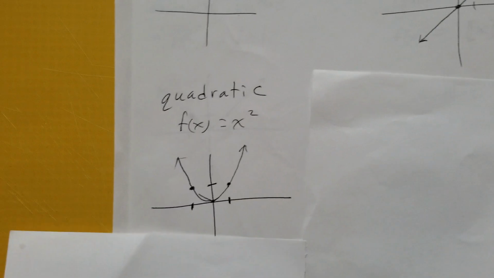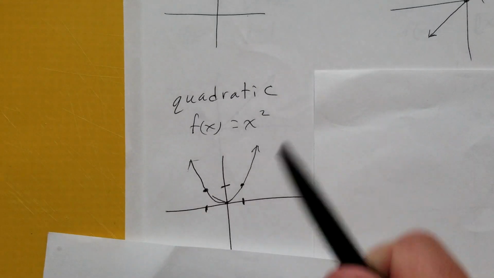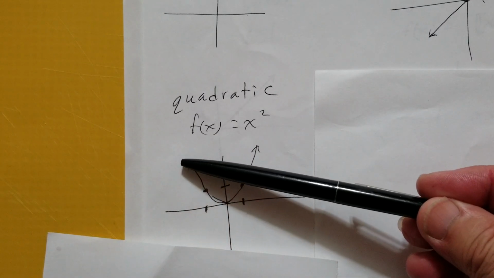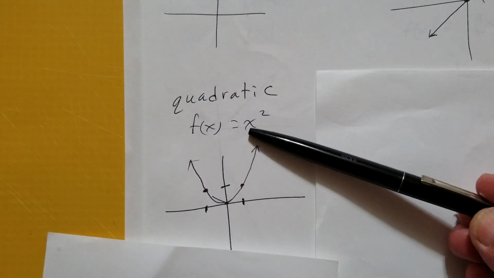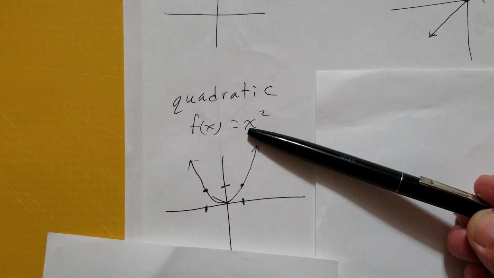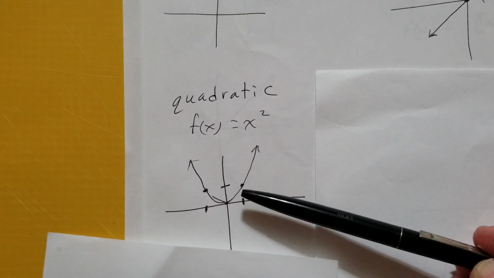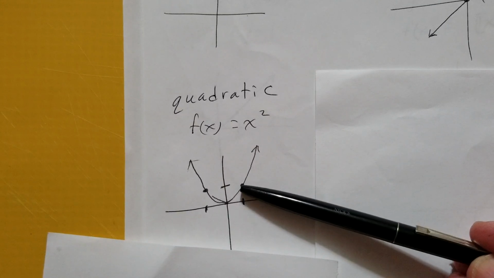Okay, this one you've seen before, f of x equals x squared, right? So x squared, what happens is the graph curves up. Think about it, whether you put a positive or a negative x, you're going to get a positive y, right? Positive 1 gets you positive 1 for y.